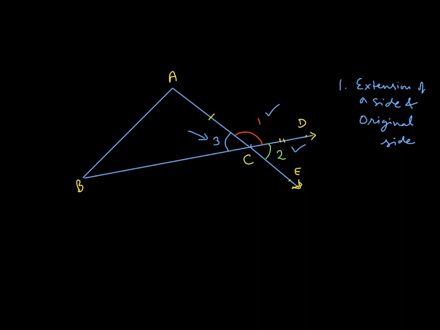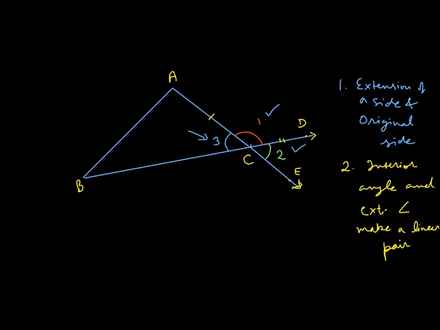Second hint is, interior angle at the same vertex and exterior angle make a linear pair. These two angles together will make a linear pair.